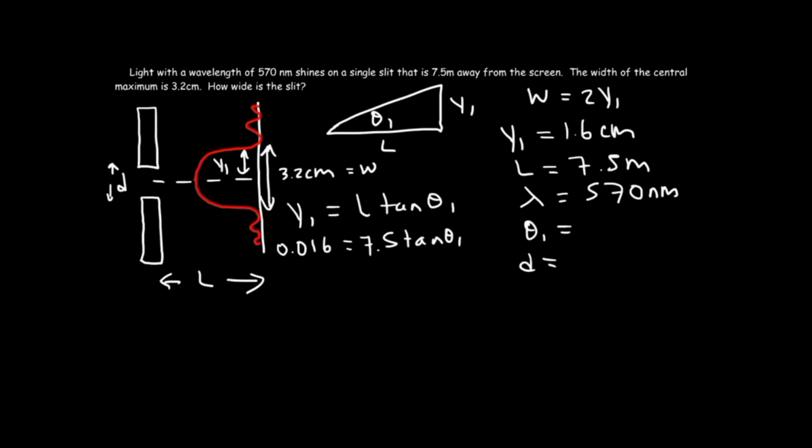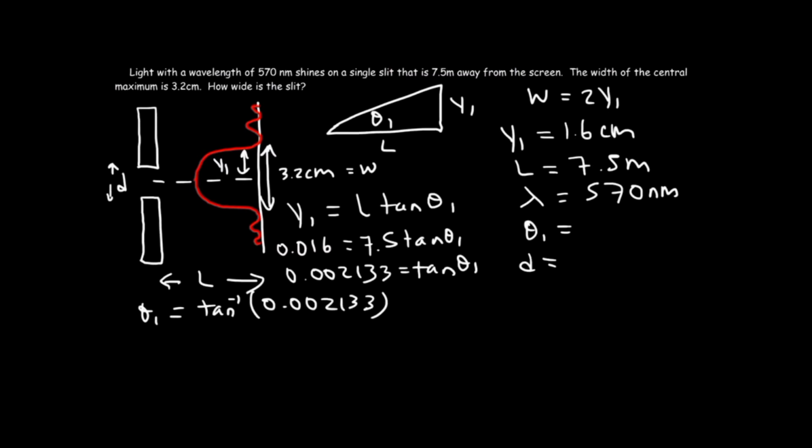So 0.016 divided by 7.5 is equal to 0.002133. So the angle is going to equal arctangent 0.002133. So the angle theta is 0.122 degrees.